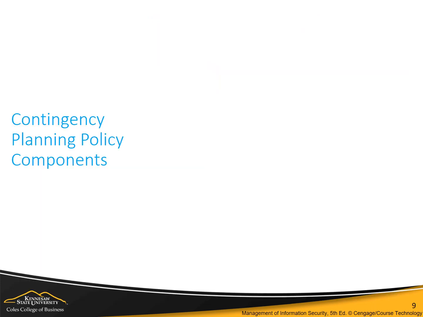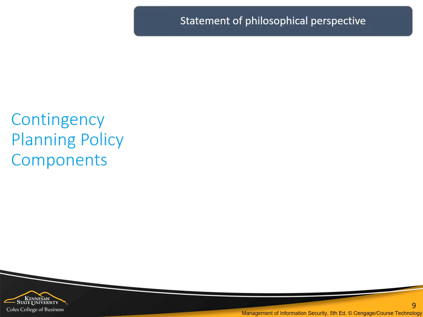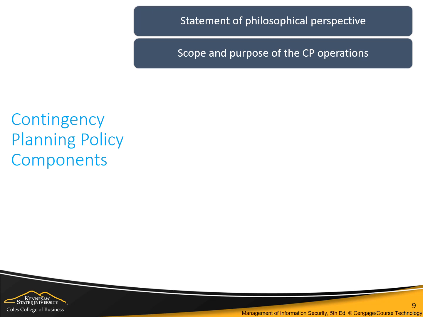Let's look at the components of contingency planning policy. First, you need to include an introductory statement of philosophical perspective, written and/or approved by senior management. You should also include a statement of the scope and purpose of contingency planning operations.